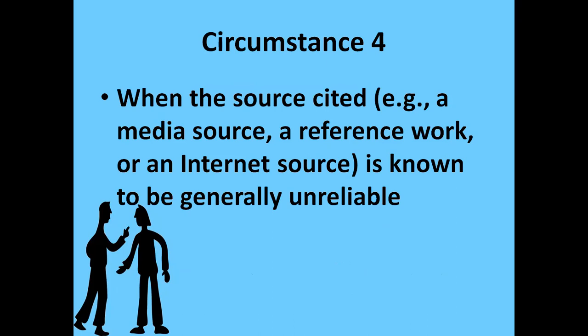But we must be cautious about accepting claims found in sources that we have reason to believe are generally unreliable. Here's an example from the Weekly World News, a once popular supermarket tabloid.